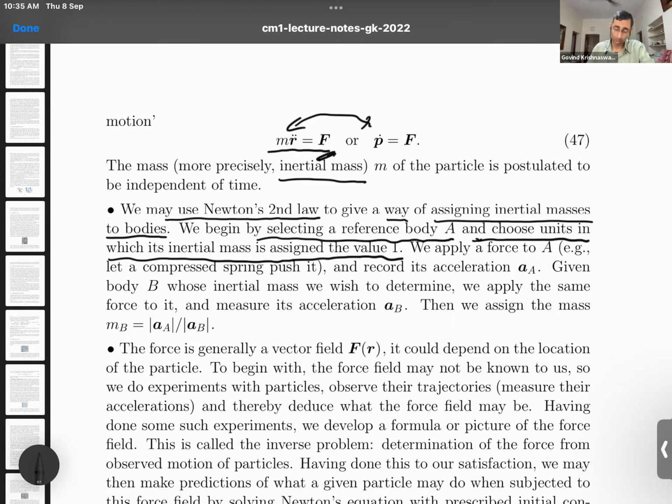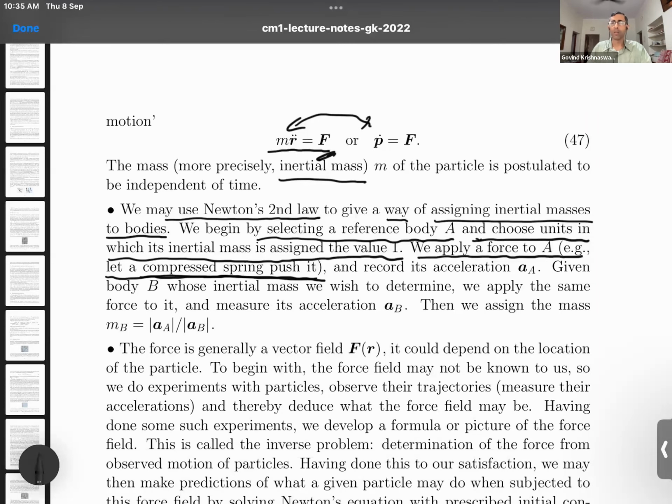We can choose units that are convenient to us. Okay, then we apply a force to A. For instance, we may let a compressed spring push it. Okay, so we have this body and we let some force push it, a reference force. So a very specific force as determined by the elongation of a compressed spring.